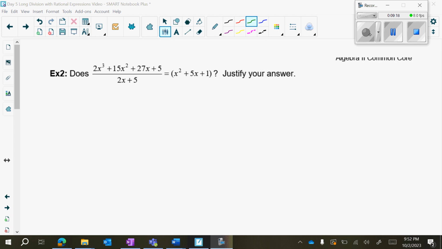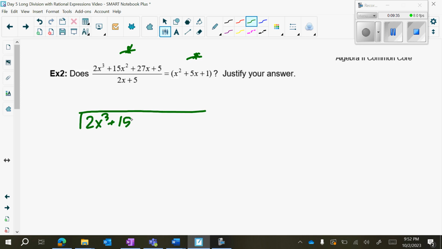Let's practice. Does blah divided by blah equal blah? Well, this is kind of like a proof like we've been doing. We want to show whether this side is equal to this side or not. So we're going to set up our long division. The dividend is what we're going to put inside this rectangle. That again is the numerator of our fraction.